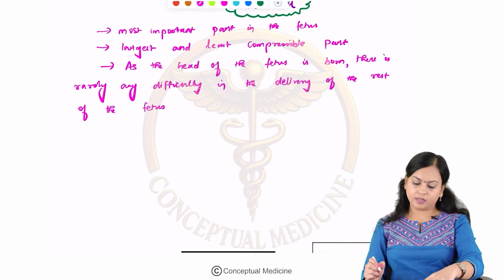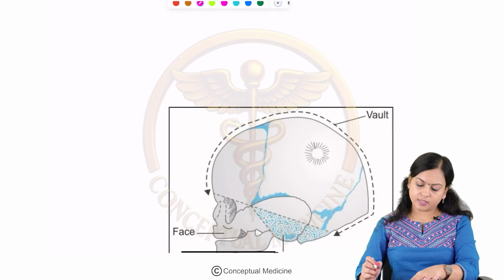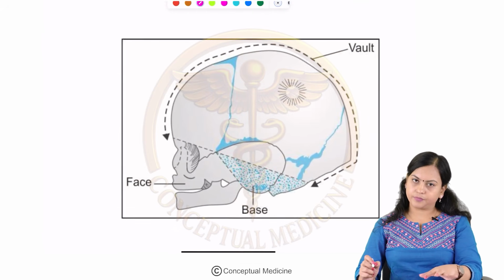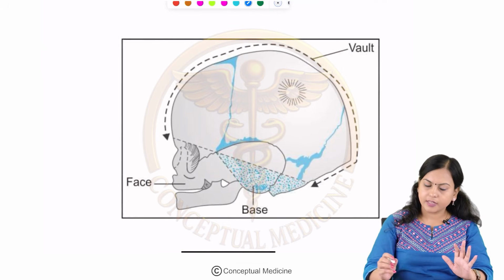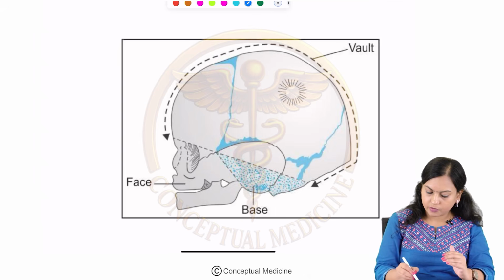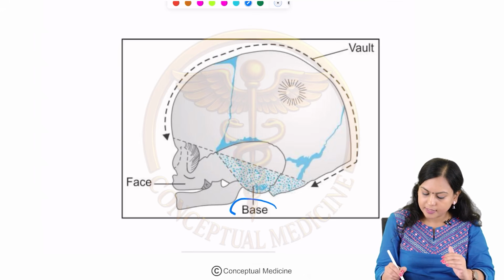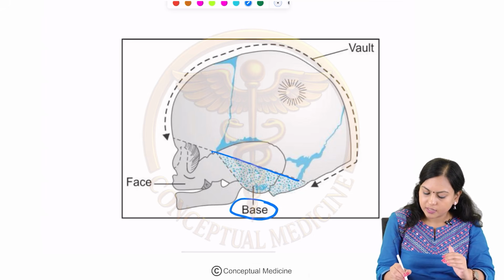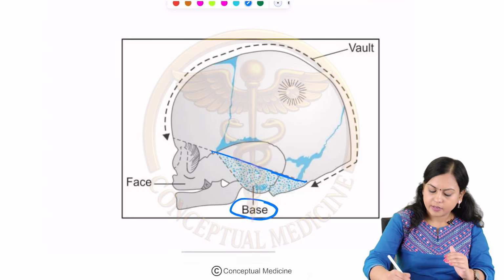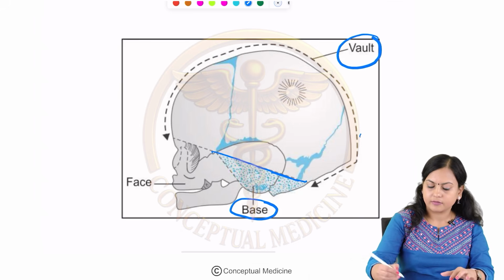Okay. Now, this is a fetal skull. Basically, we divide the fetal skull into two regions. One is the base, so this is the base region, and another one is the vault region.